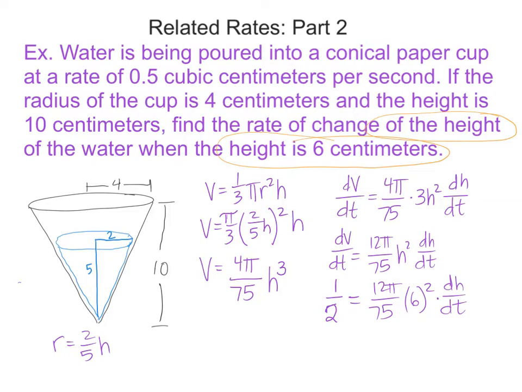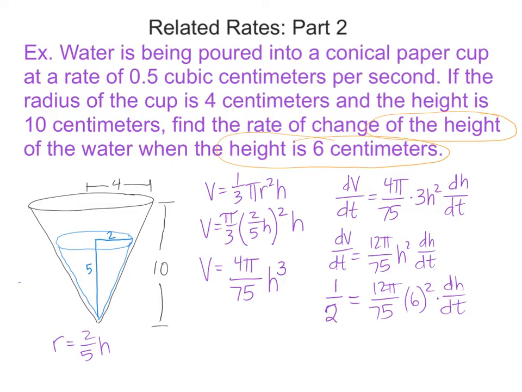Okay, so at this point it's just taking this 1/2 and dividing it by some things and multiplying it by some things. Try to get this dh/dt on your own while I'm working it out on my calculator. And I'm going to go straight to the decimal answer. I've got 0.5 on the left. I need to multiply that by 75 because that 75 is on the bottom. I need to divide it by 36 because 36 is being multiplied. I need to divide it by 12. And I need to divide it by pi.